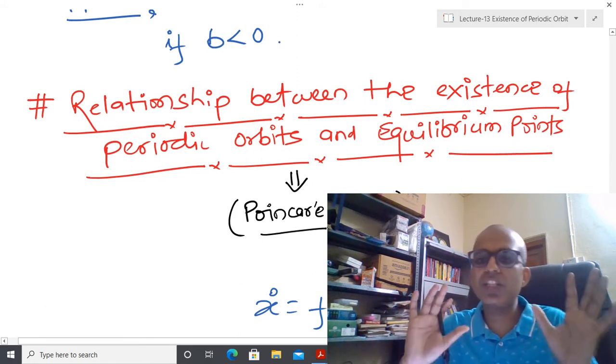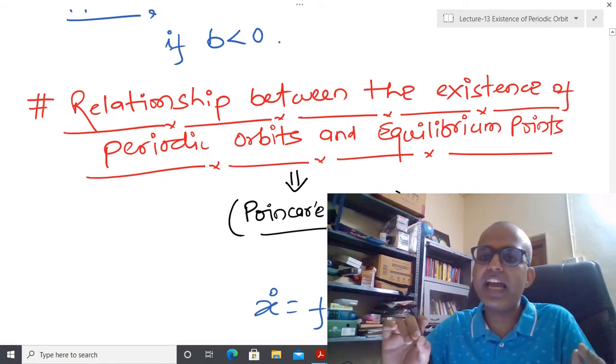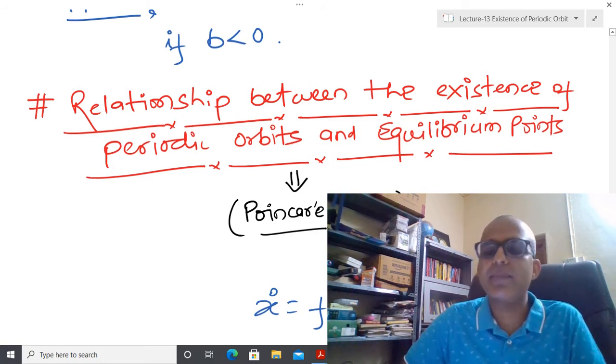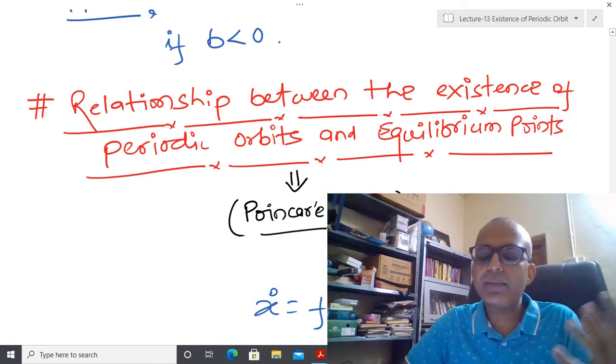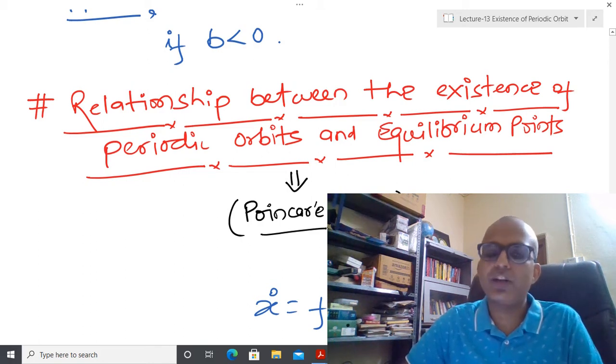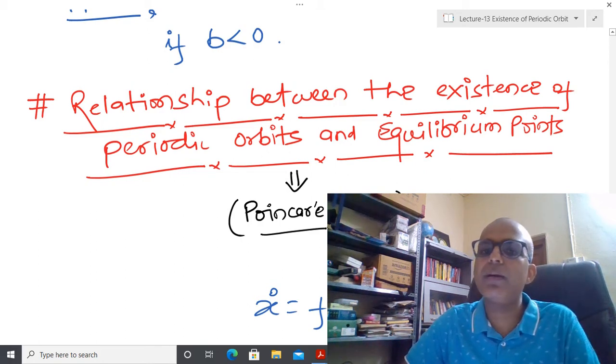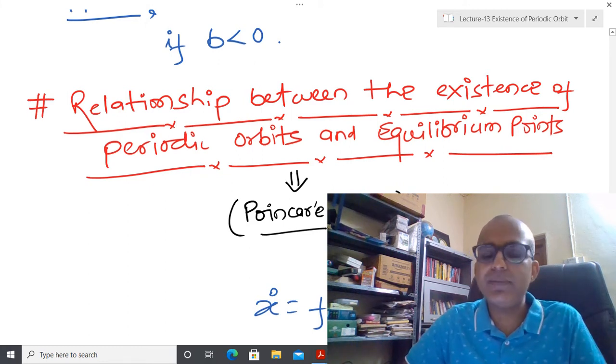Now I have just talked about two theorems, the Poincaré-Bendixson theorem. The first theorem tells how to find that there exists some kind of orbit by making some kind of closed surface, and after that taking the inner product of the vector field with the gradient of that surface. The second methodology, the Bendixson criterion I have talked about, tells how to remove the possibility of the existence of a periodic orbit.